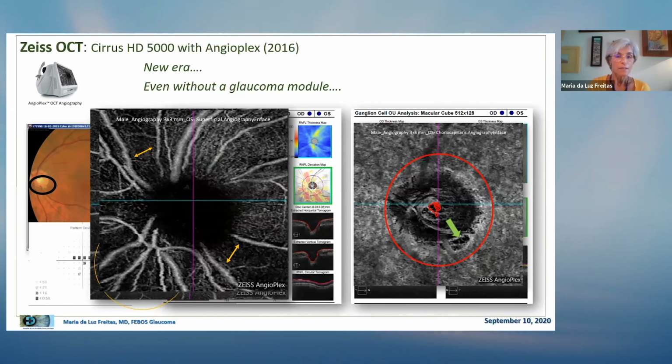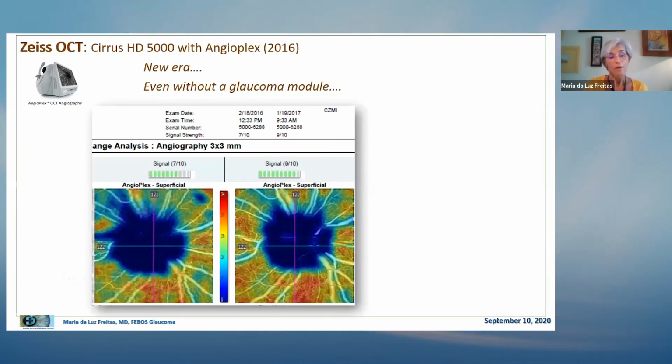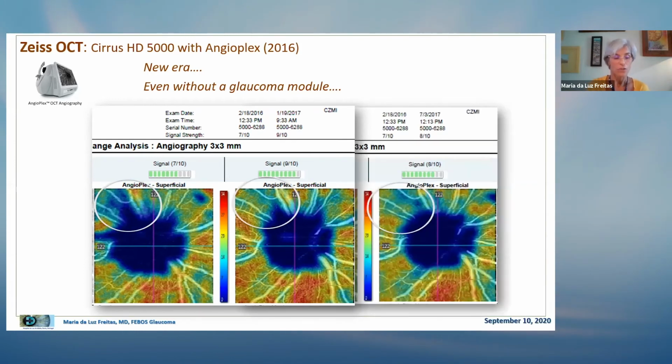In this case, I show you the evaluation before and after glaucoma surgery. You can see the difference in the superficial pattern that was confirmed in a later examination.